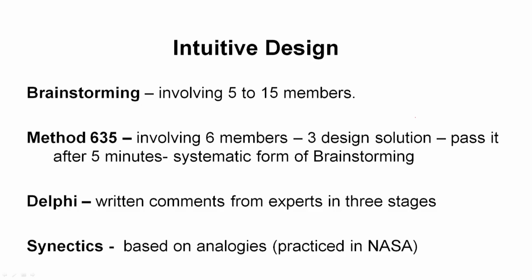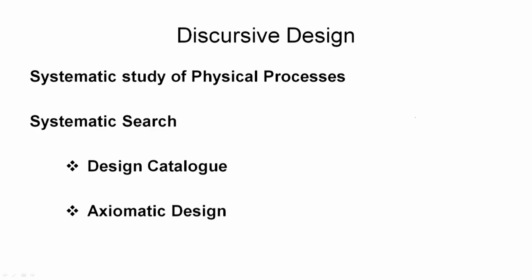Then Delphi, which involves written comments from experts in 3 stages, and then synectics based on analogies, which is heavily practiced in NASA. But we are not going for any intuitive design, because clearly such a complex system, one of the examples of an intelligent product, cannot be done intuitively.